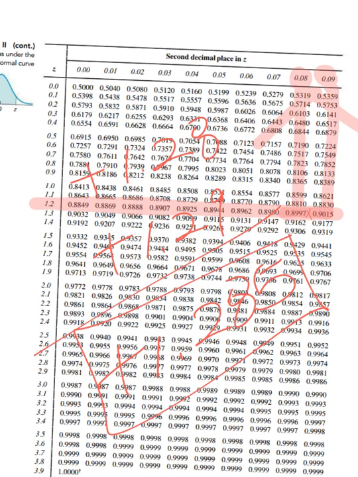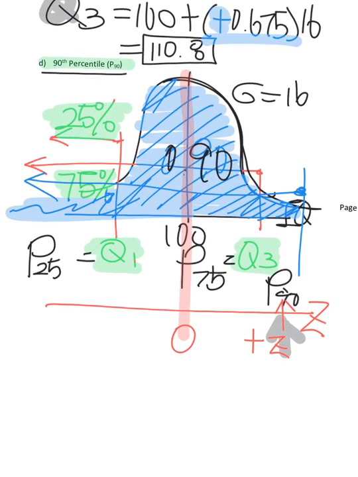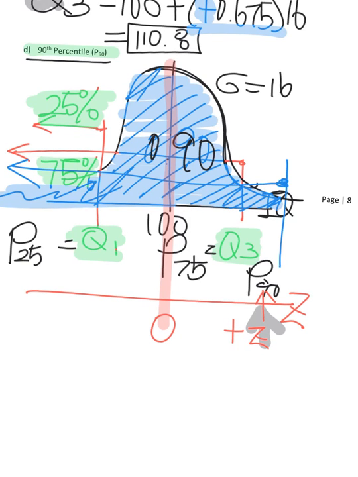So let me take the z-score 1.285 and go back to here. The 90th percentile will be the mean plus the z-score. How much was the z-score?